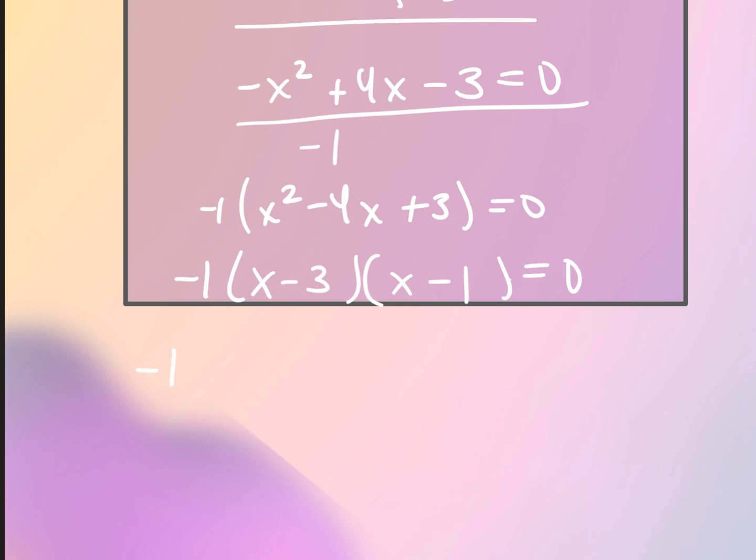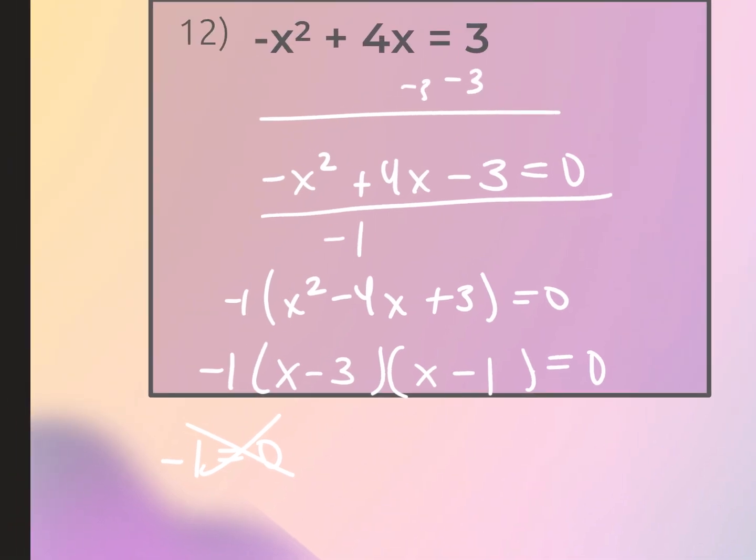If I set negative 1 equal to 0, is that ever a solution? No. So if you ever factor out a GCF and it's just a number, it doesn't have an x attached to it, it will not be accounted into your solution. Think about this. I told you at the very beginning, the highest exponent tells you how many answers you have, yeah? What's the highest exponent here? 2. So how many answers should we come out with? 2.